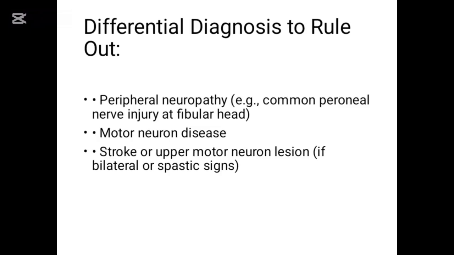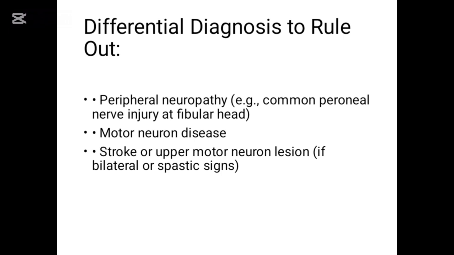Differential diagnoses to rule out include peripheral neuropathy. You might compare sciatica with this condition. If the patient is not lifting the leg or foot properly due to sciatic pain, you might get confused because the symptoms can be the same.